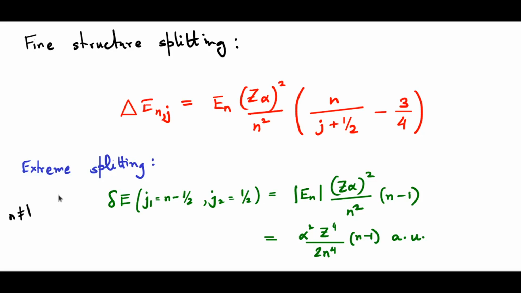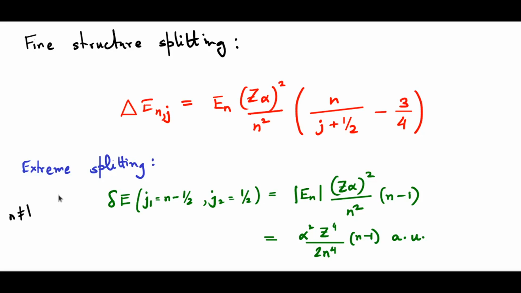And if you just substitute these two values and subtract, what you will get is this expression for small delta E, and that works out to be mod of En into z alpha whole square by n square into n minus 1. This is the difference between the two energies. This expression can be rewritten in atomic units by realizing that En is given by z square by 2n square in atomic units.